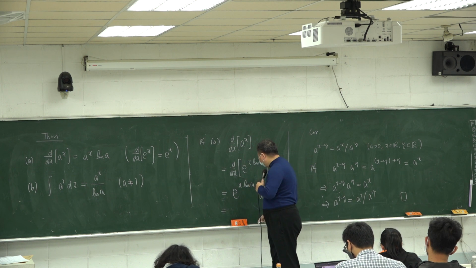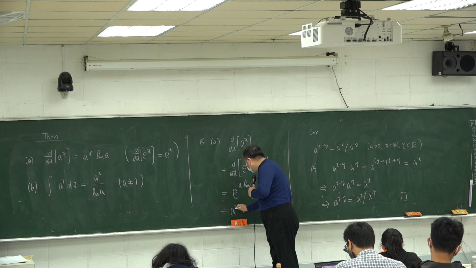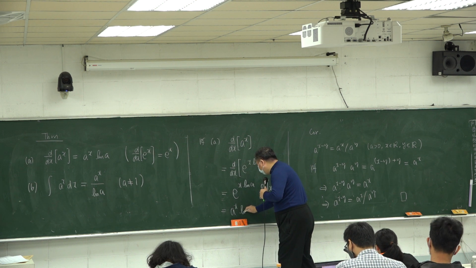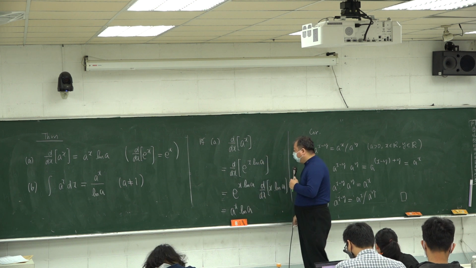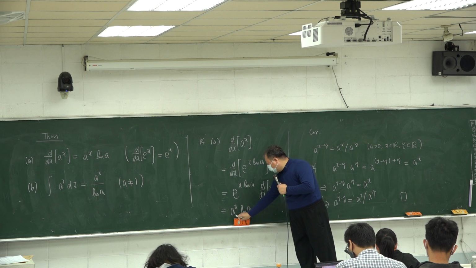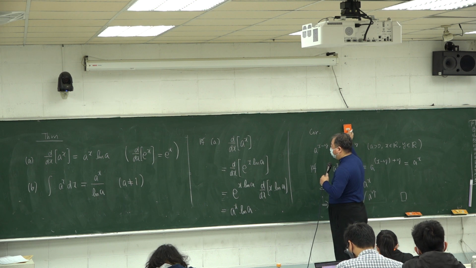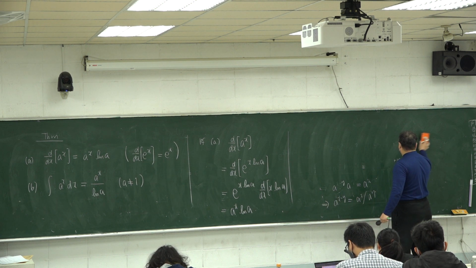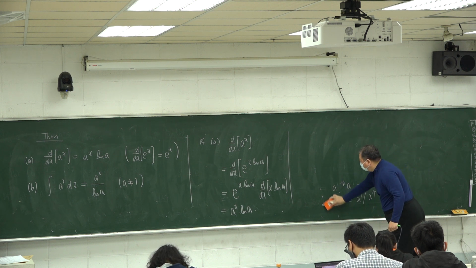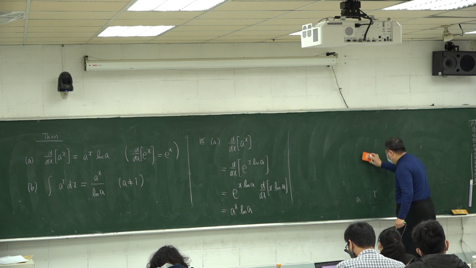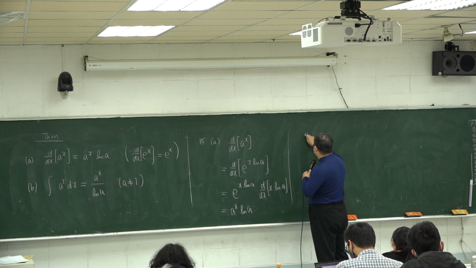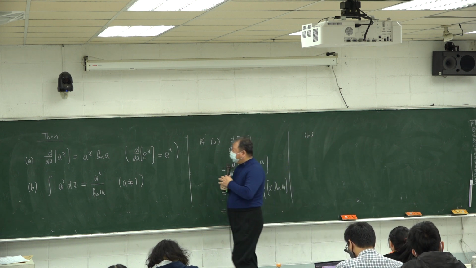The first factor is a to the x, and the second one is ln of a. B follows from A. We can differentiate this one.